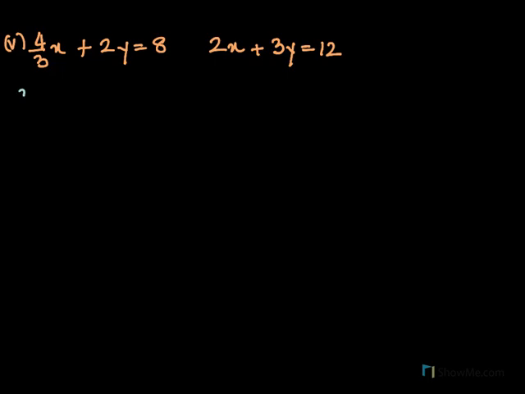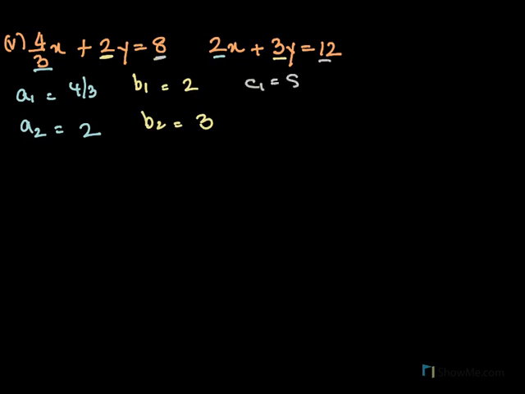Now again we have another two pairs, and we note what A1, A2 are. Now here A1 is 4 by 3, and A2 is 2. Then here you will have B1 and B2, 2 and 3, and last we have C1 and C2. So A1 over A2 works out to be 4 by 3 by 2.